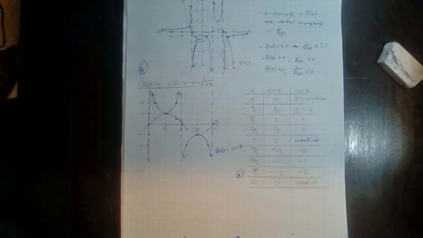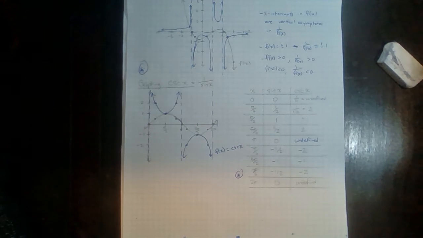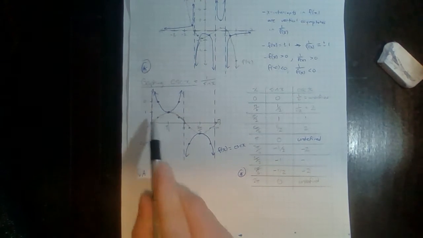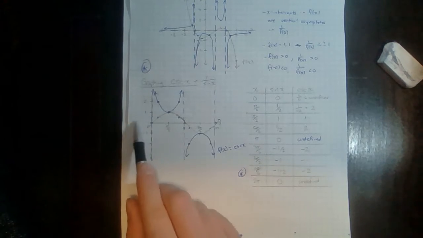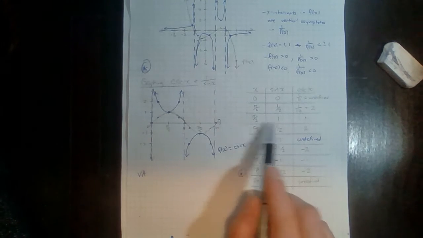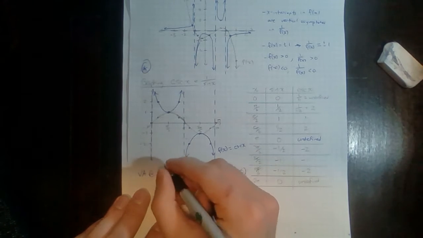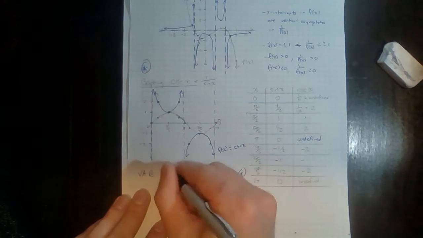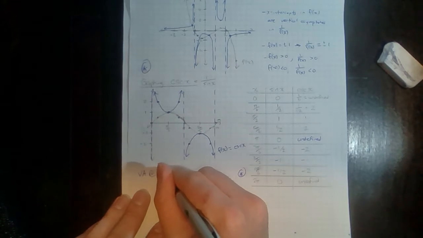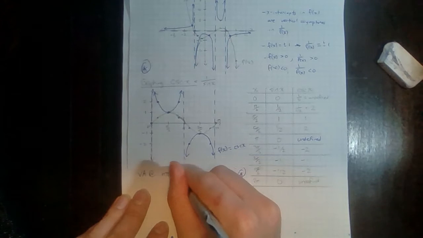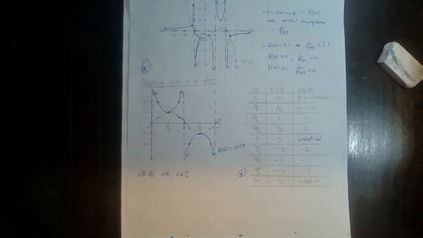So we'll look at some of the key features we have in this cosecant function. So we can see we have vertical asymptotes every pi. This is going to continue. We're going to have another one at 3 pi, another one at 4 pi. So we can write that by saying we have a vertical asymptote at n pi, where n has to be an integer.